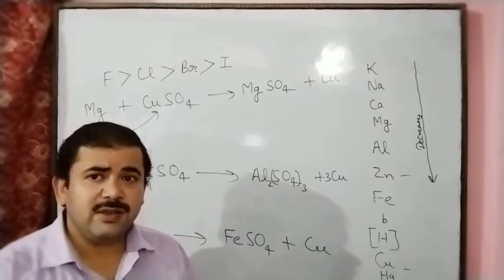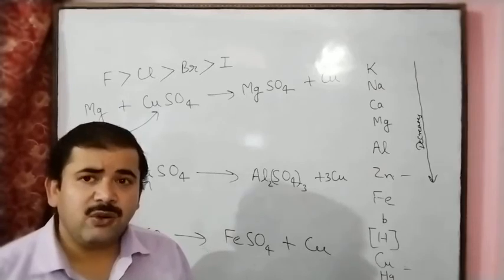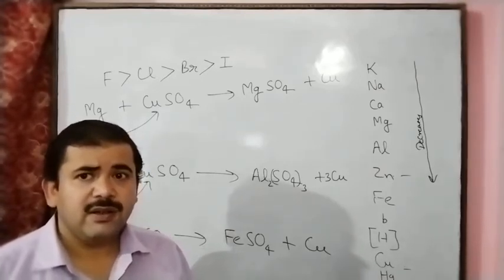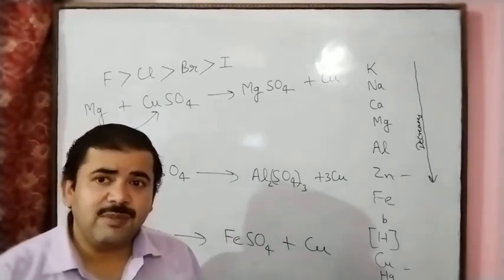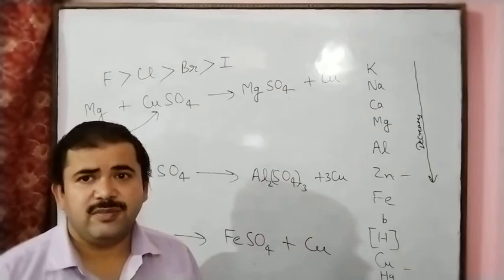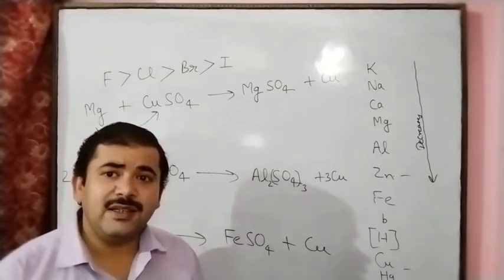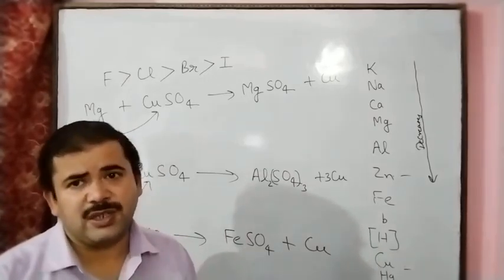But these metals have a positive nature, they are electropositive. So magnesium, zinc, iron are electropositive, and hydrogen is also electropositive in nature.